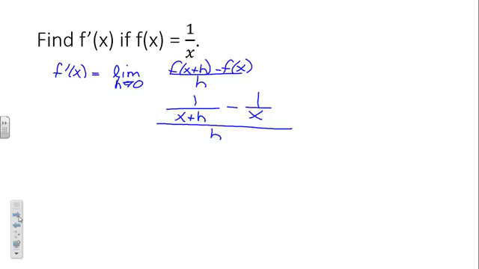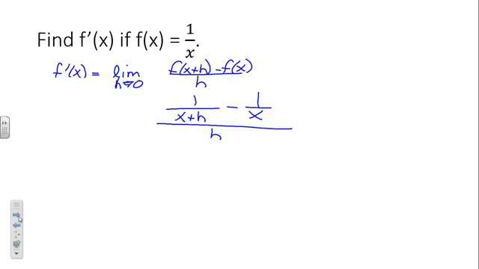So we just took this, and everywhere we have an x, we put in an x plus h. Got a fraction now. And then we are dividing by h. So now how do we simplify something like that? Because h was always on the bottom.